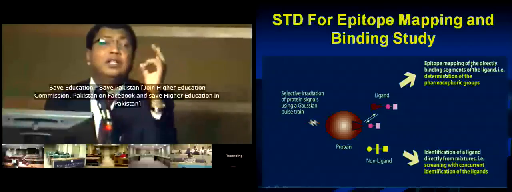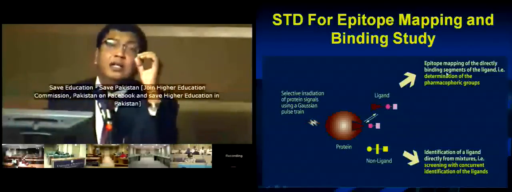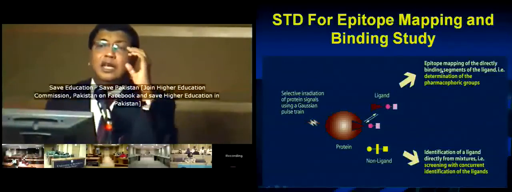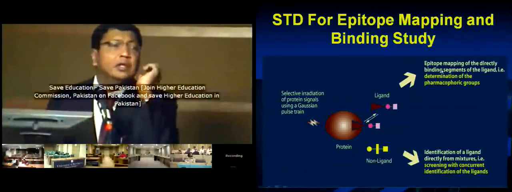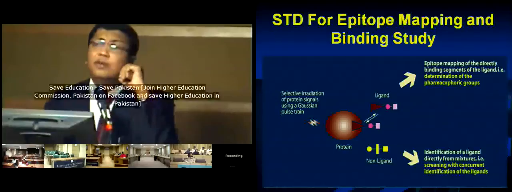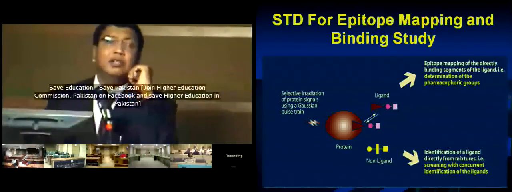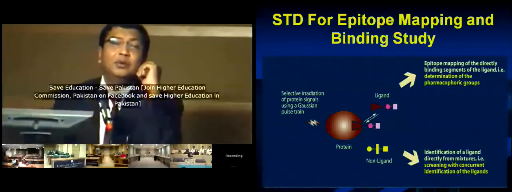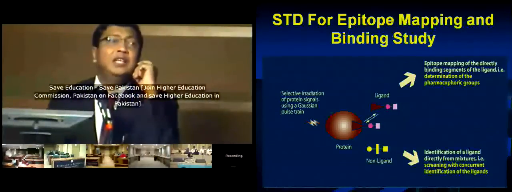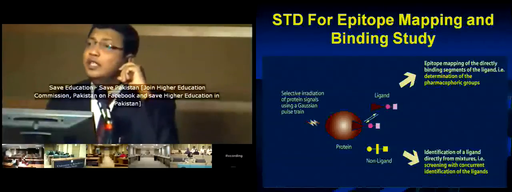This is the only technique other than X-ray crystallography in which you can identify the epitope. In X-ray crystallography, you have co-crystallization. You crystallize your protein along with the ligand. And when you do the X-ray structure, you know precisely which part of the molecule is in the active site.